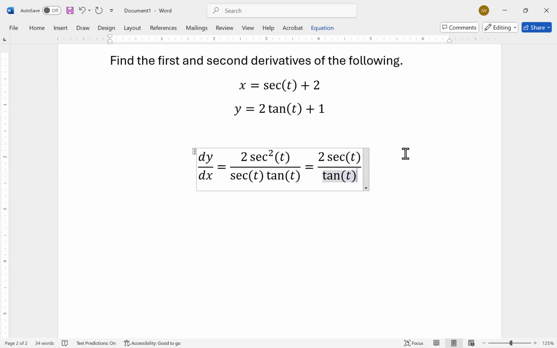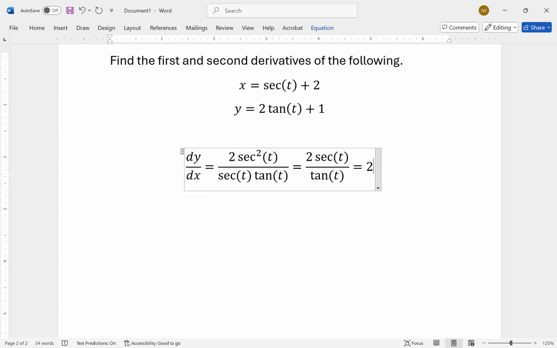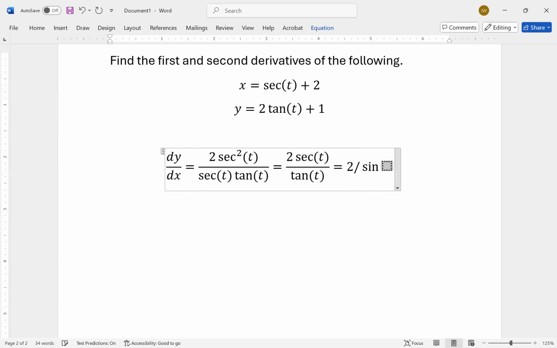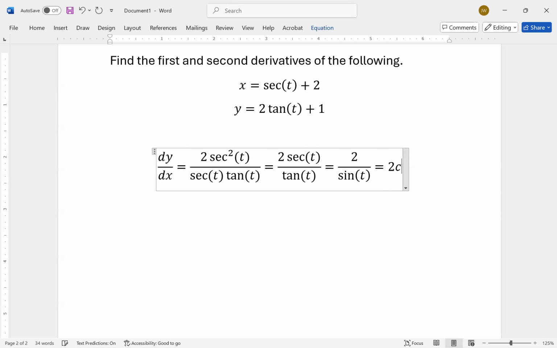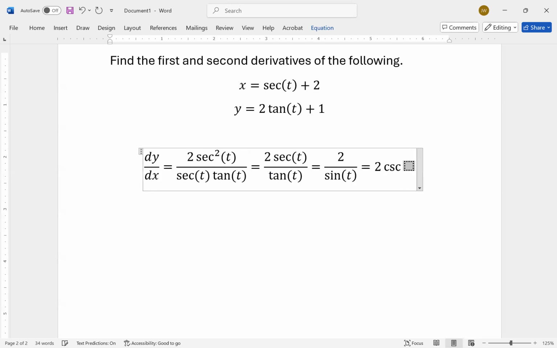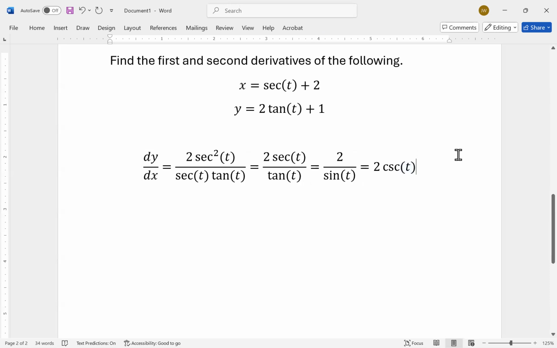If those cancel out, what I get is 2 over the sine of t when those cancel out. Or in other words, 2 times the cosecant of t. That's the easiest way to think of it, 2 times the cosecant.